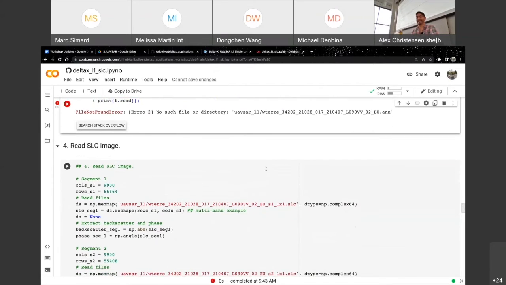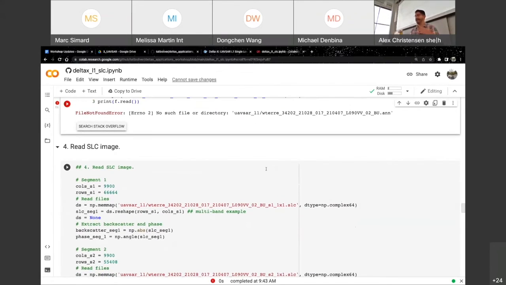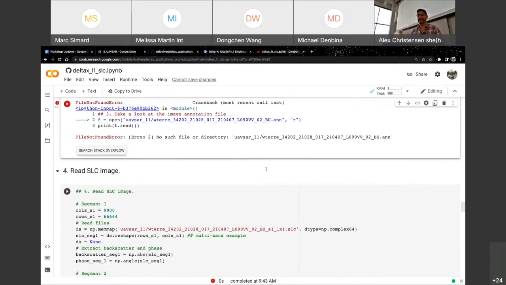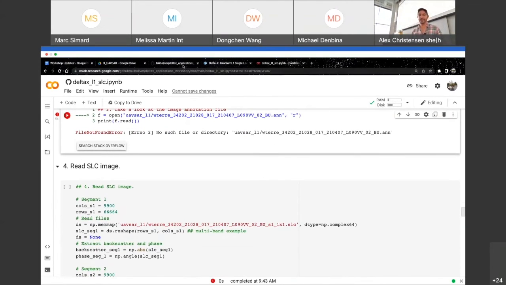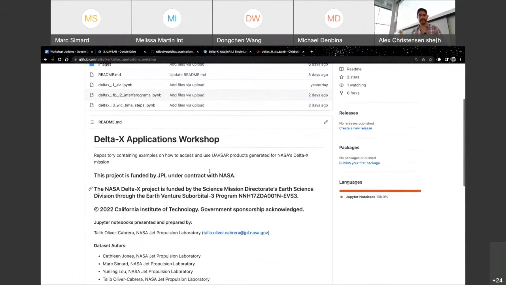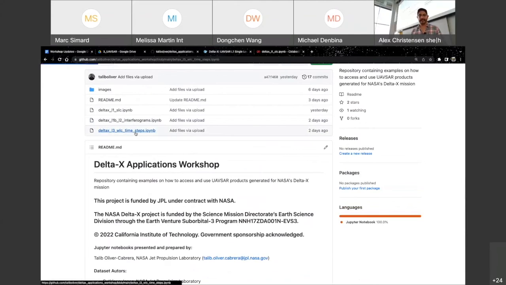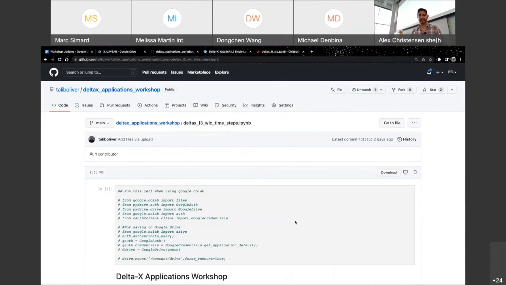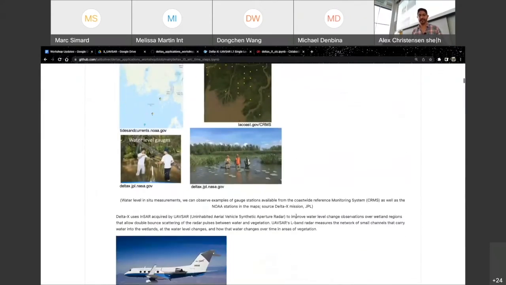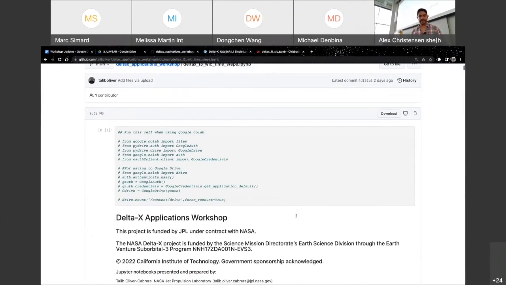So L1 is an SLC. No, it's my bad. I'm sorry for the confusion. I didn't add those. I have it locally, but I didn't add those on purpose because it's too heavy. So let me do it like this instead, so that I don't mistakenly do things that I shouldn't. So I'm just going to show it like this. If only I click the right one.